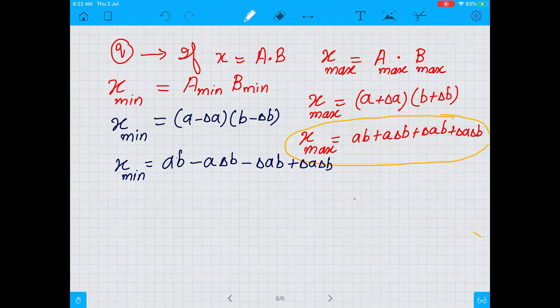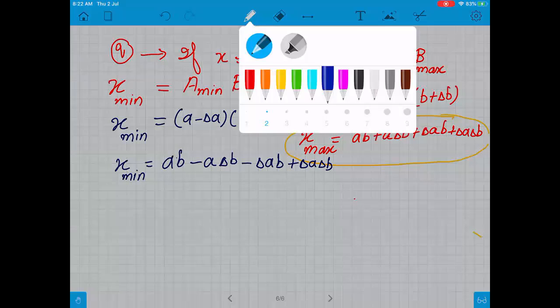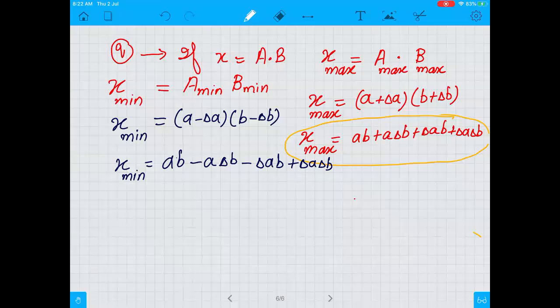Now you see we have the minimum value and we have the maximum value. The important thing is how you achieve the minimum and the maximum value. When you multiply two values, if you multiply their maximum possible values, the answer would become the maximum. If you multiply their minimum possible values, the answer would become minimum.